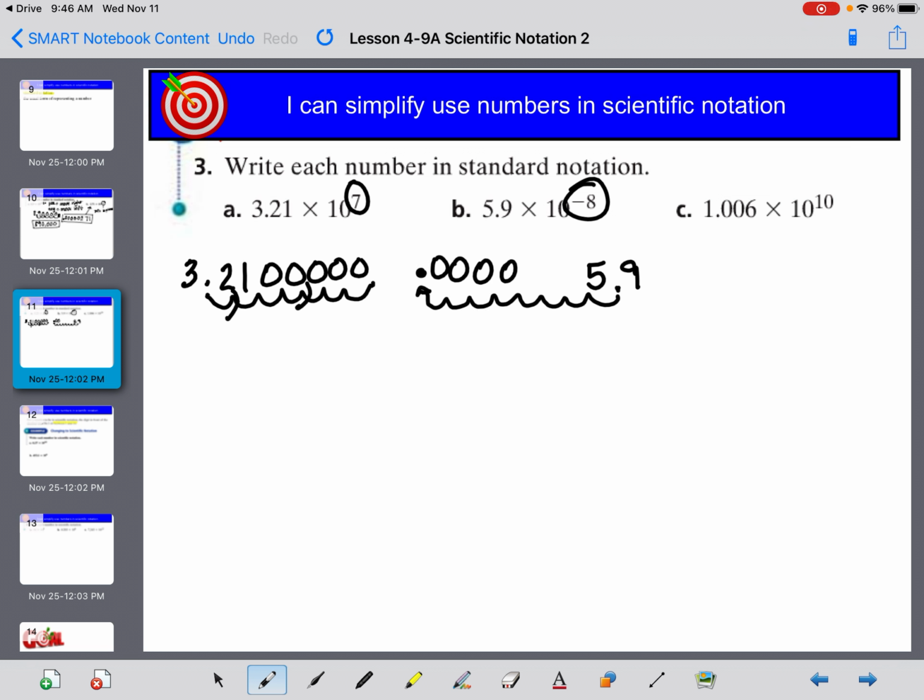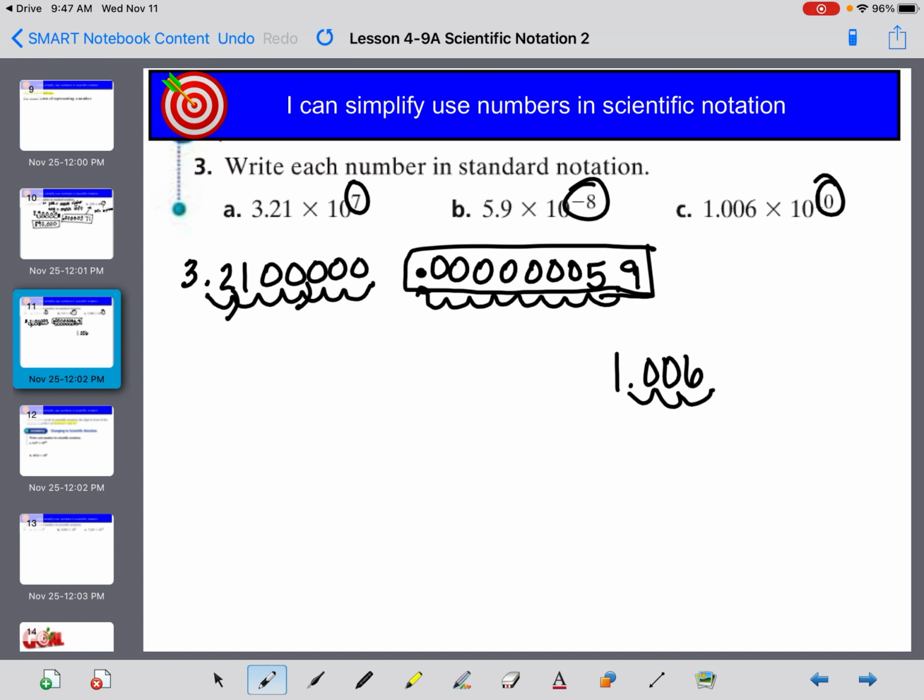Then I fill in with zeros, and this is my answer. Oops, that decimal goes away. All right, then letter C. I need to move my decimal 10 places to the right. 1, 2, 3, 4, 5, 6, 7, 8, 9, 10. And fill in with zeros and commas. So 10 billion, 60 million.